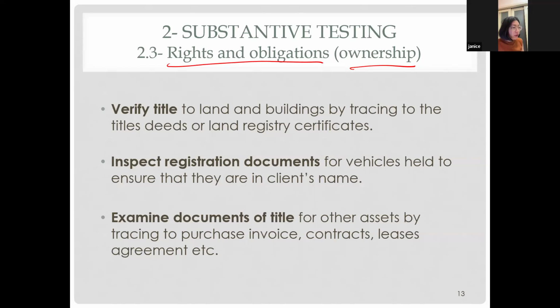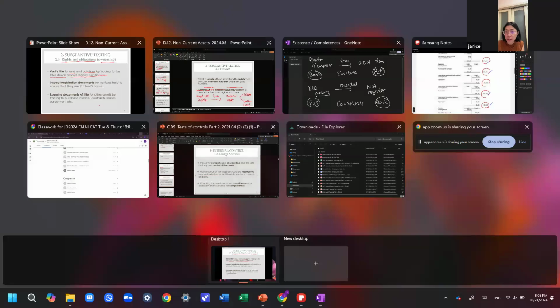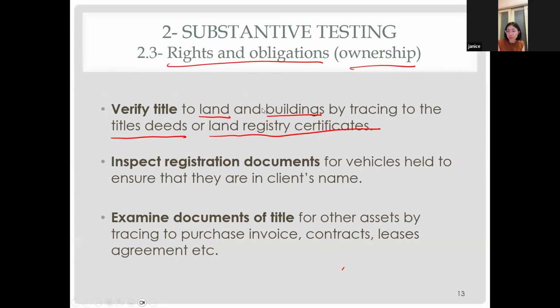I know in Khmer we call that the plong, right? The title deeds. So if we need to prove our ownership of land or building, we need to look at the title deeds or the land registry certificate, the certificate of ownership. If it's for a car, we will look for the registration document. That's what we did during the case study, right?